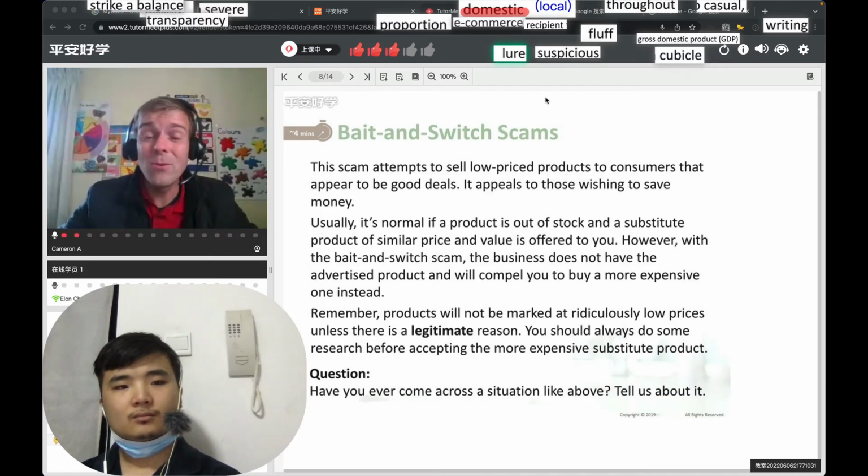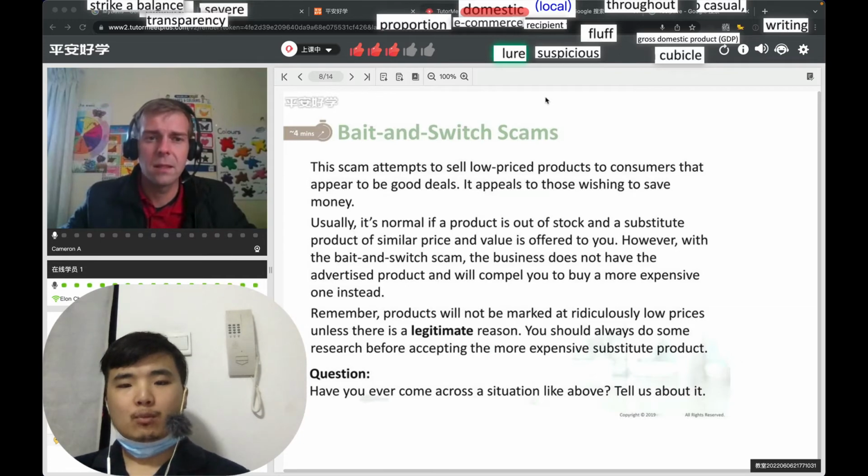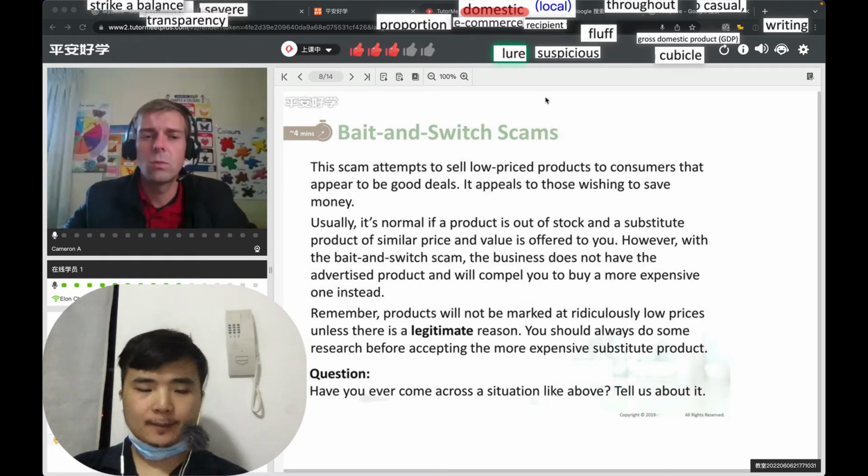Right. Can you read this page about bait and switch scams, please? Bait and switch scams. This scam attempts to sell lower priced products to consumers that appear to be good deals. It appeals to those wishing to save money.